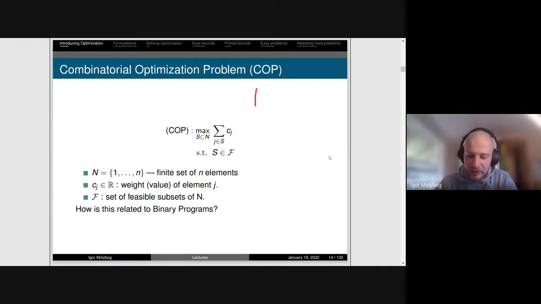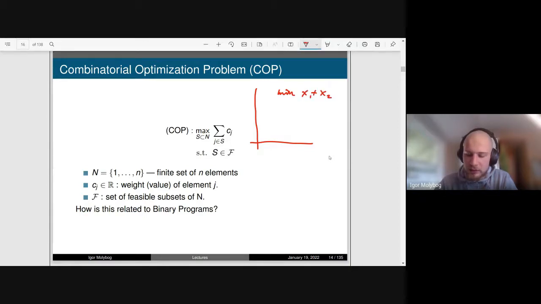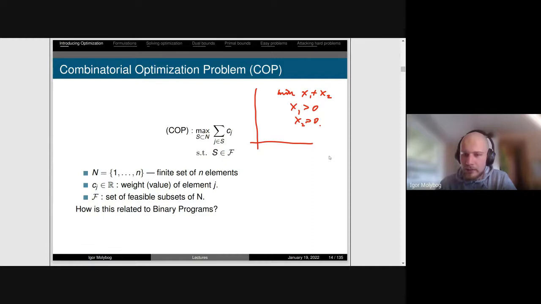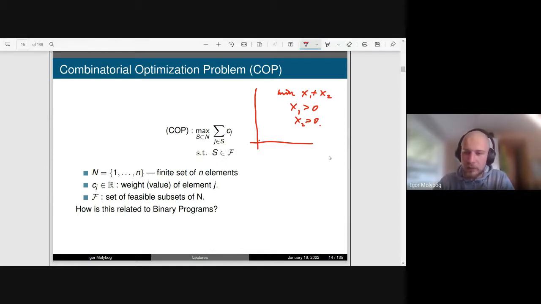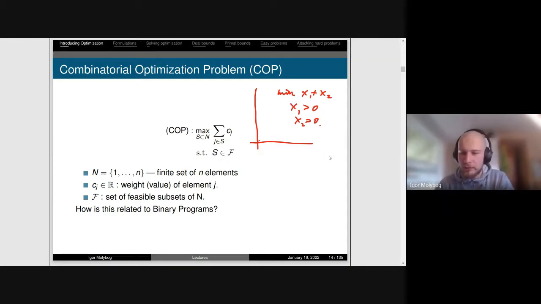For example, if we are talking about minimization of x1 plus x2 over a set of x1 greater than 0, x2 greater than 0. Can you solve it? No, there's no optimal solution, because every time you come up with a point, I can find a point closer and closer to 0 that will have an even better value than the one that you came up with.